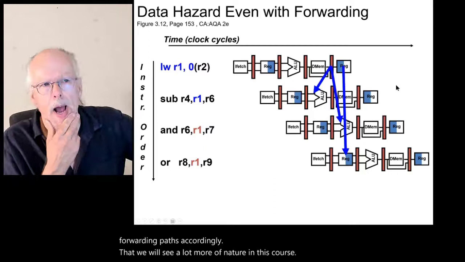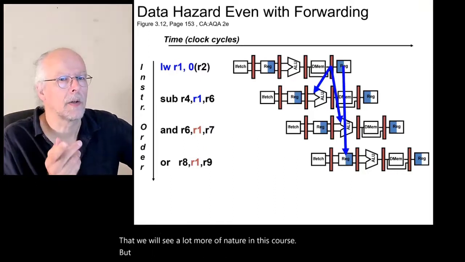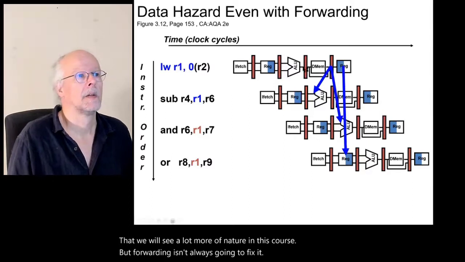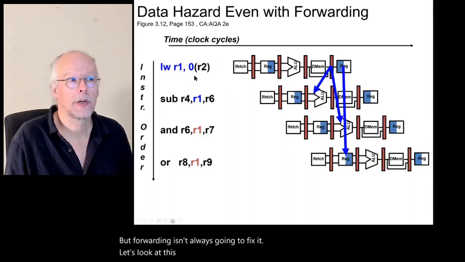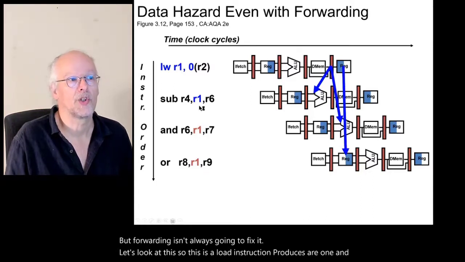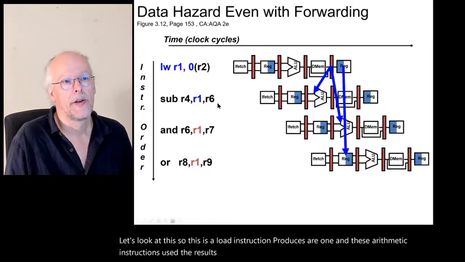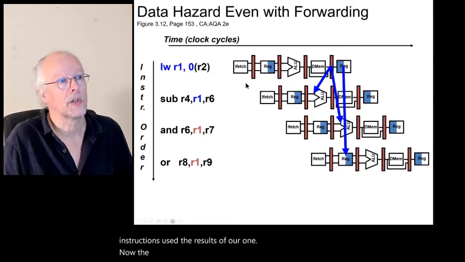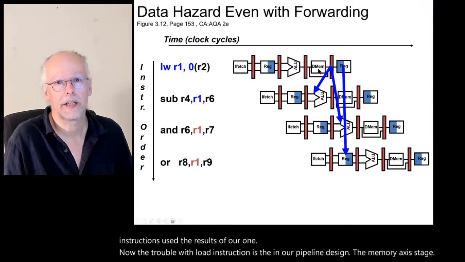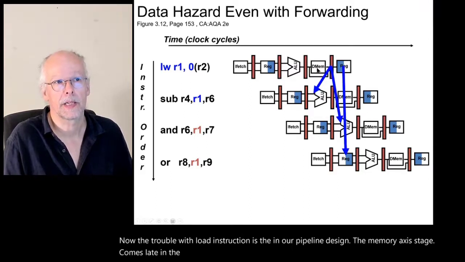But forwarding isn't always going to fix it. Let's look at this. So this is a load instruction, produces R1, and these arithmetic instructions use the result of R1. Now the trouble with a load instruction is that in our pipeline design, the memory access stage comes late in the pipeline, after the arithmetic stage.